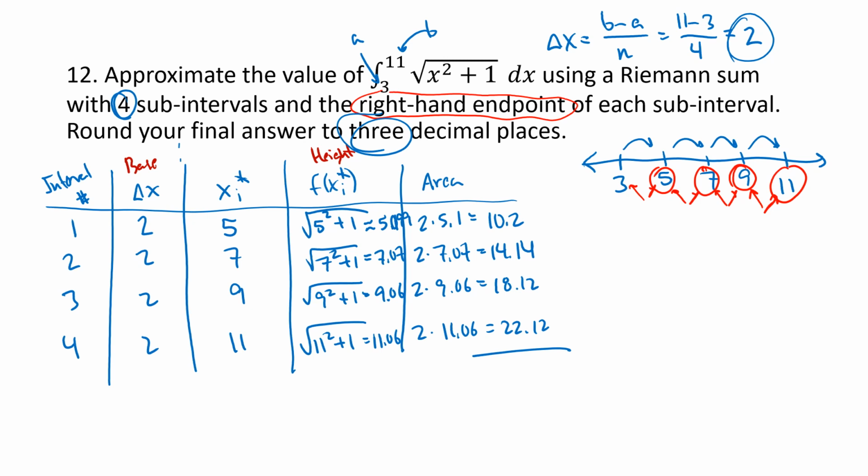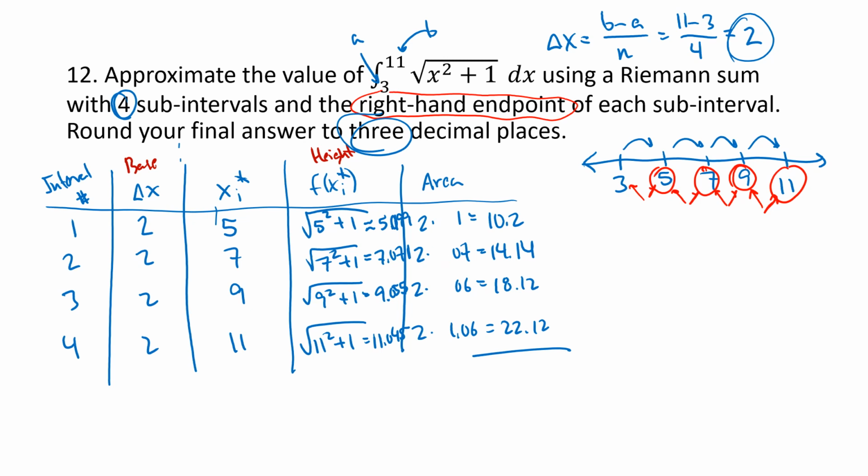So 7.071, that's my 3rd decimal place. 9.055, that's what that was. And then square root of 122 is 11.045.